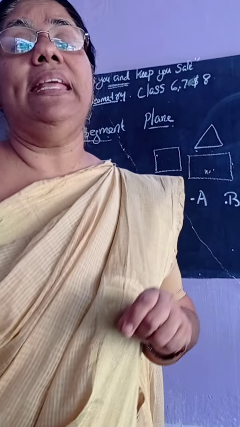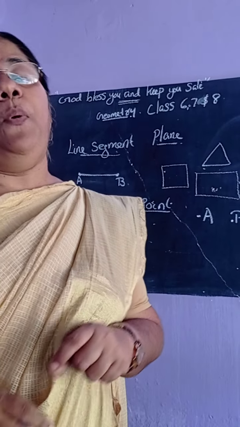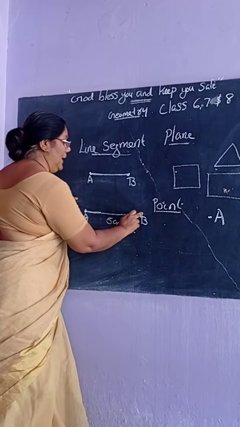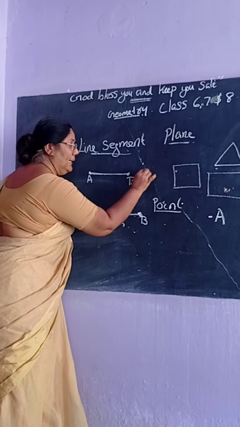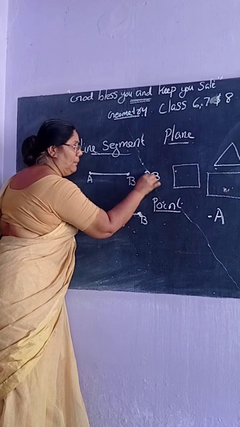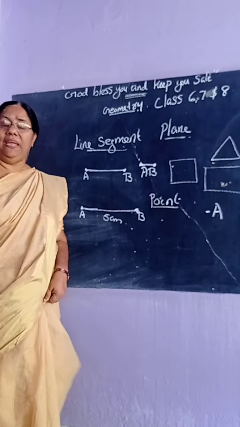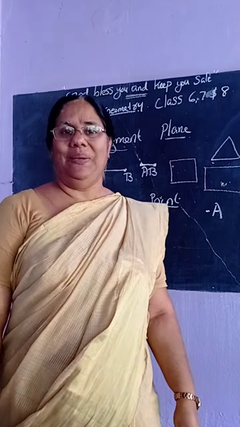One is the initial point and the second one is the terminal point. Understand? Both ends here. AB is a line segment and the notation for a line segment is this. AB is a line segment.